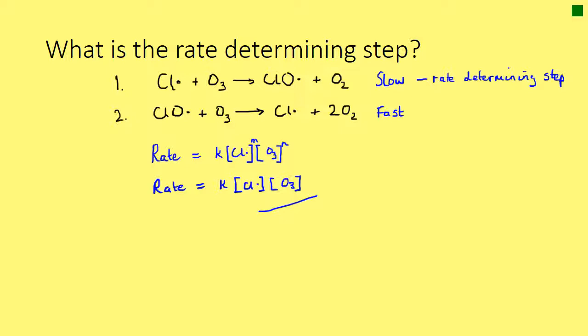So you can see from step 1 that there is one particle of chlorine free radical and one particle of ozone in the rate determining step. So both m and n are 1, so we can write the rate equation simply as k times the concentration of the chlorine free radical times the concentration of ozone.